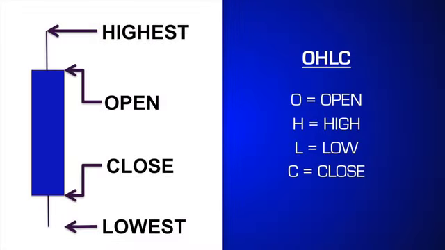So I mentioned an OHLC chart. What that actually stands for is open, high, low, close. If you look over at this picture, you have the top of the wick, the very tippy top where you see the arrows pointing to highest. That means that this was the highest that this candle has reached.